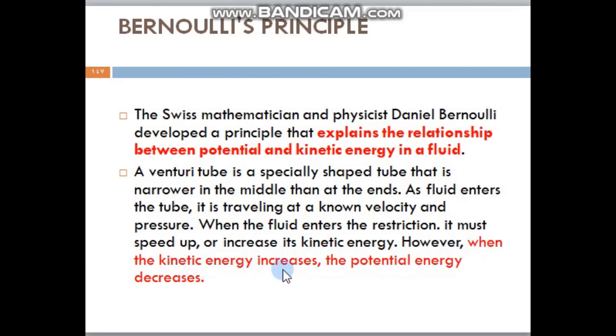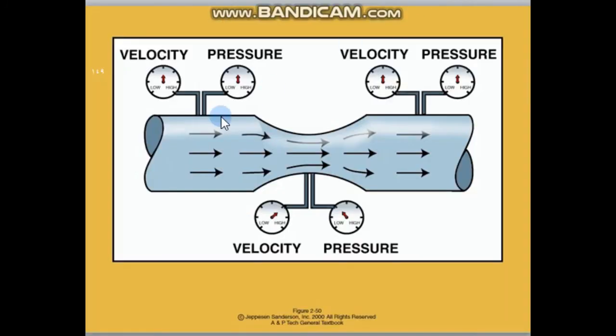However, when the kinetic energy increases, the potential energy decreases. And this venturi tube explains what we talked about before. Here, when the fluid enters this restricted area, the velocity increases and the pressure decreases.